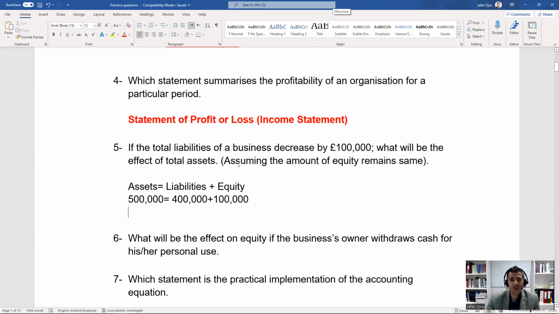However, the question also tells you the liabilities decrease by £100,000. So instead of £400,000, liabilities became £300,000. In this case, assets must decrease by how much? By another £100,000, because it needs to be £400,000 instead of £500,000. So the answer is a decrease of £100,000.